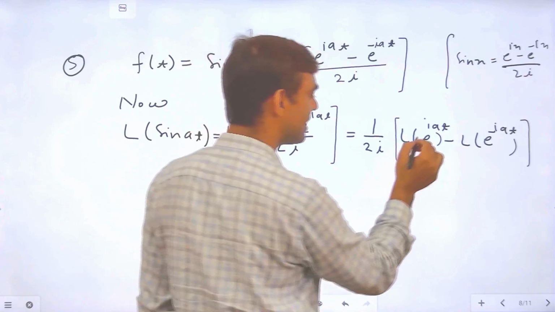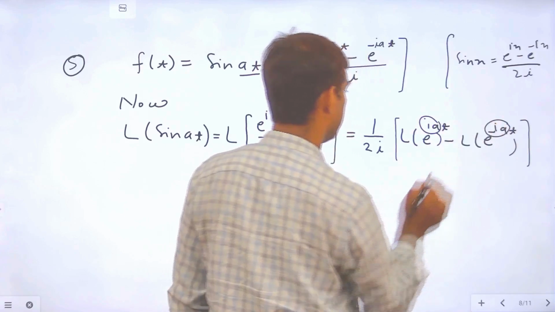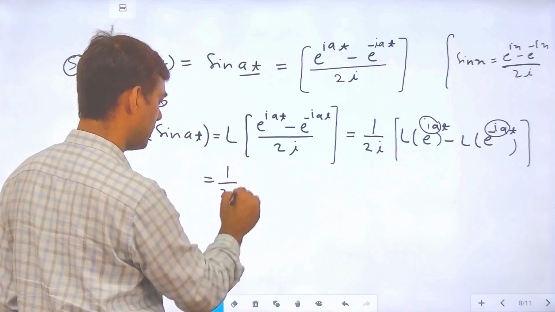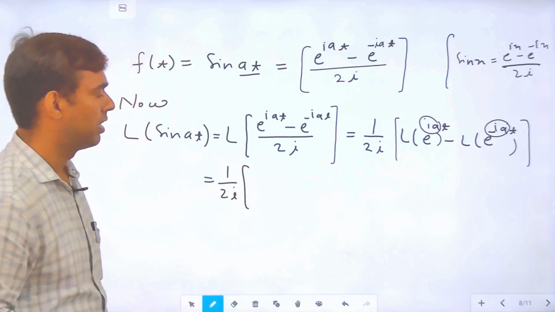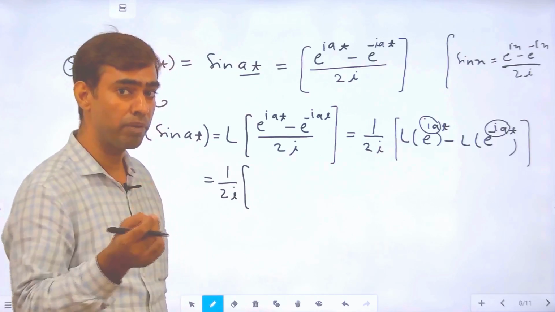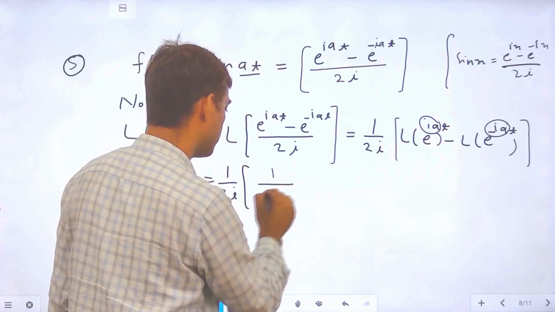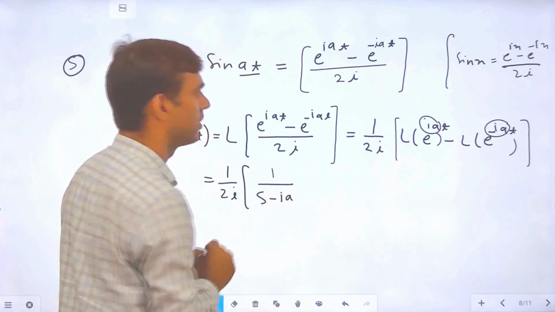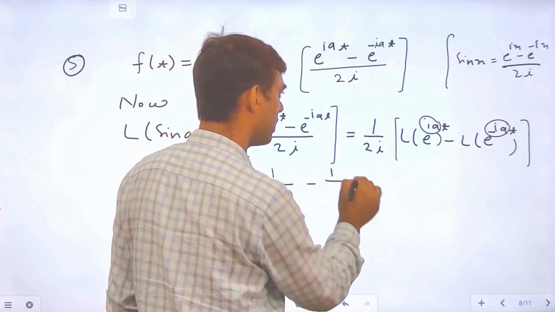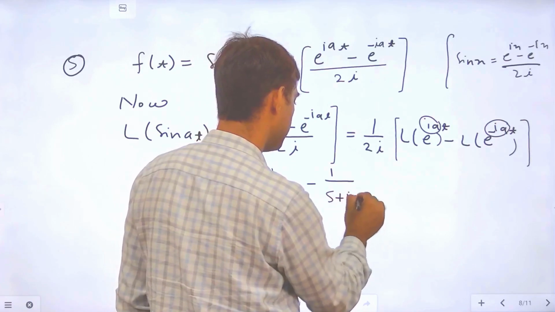So here, in place of a, we have ia in the first term and minus ia in the second. This becomes 1 upon 2i times, inside the braces, the Laplace transform of e to the power iat, which is 1 upon s minus ia, minus the Laplace transform of e to the power minus iat, which becomes 1 upon s plus ia.